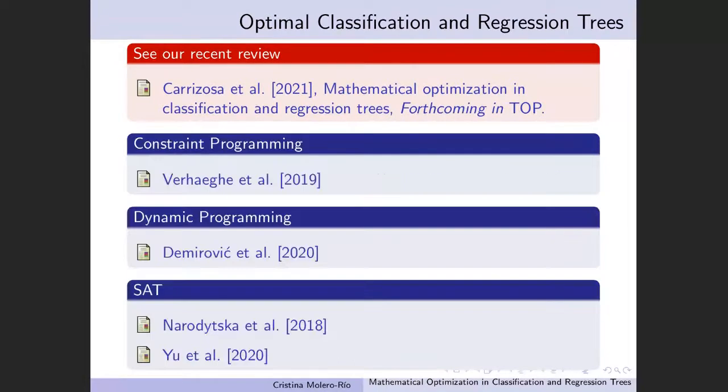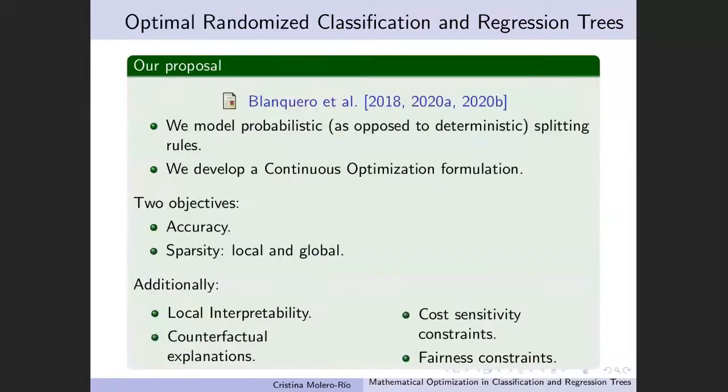There are other paradigms like constraint programming, dynamic programming, or SAT that have been proposed to build classification and regression trees. Now our model, you can see our proposal in these works that I referenced here.